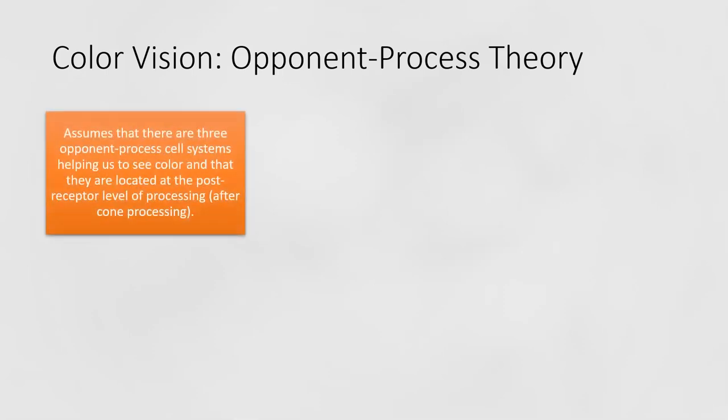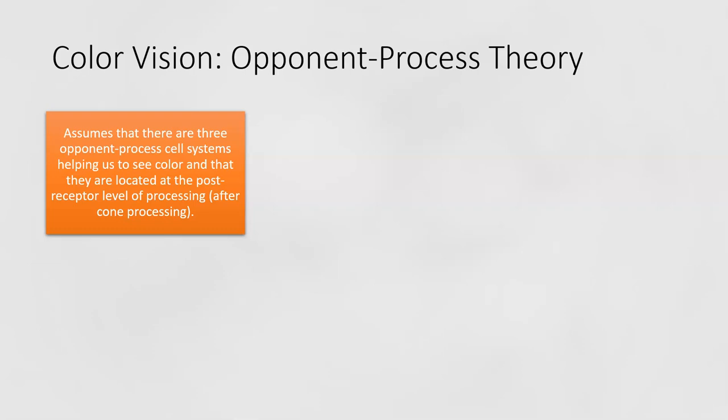A second theory about color vision is something called opponent process theory. Opponent process theory assumes that there are opponent process cell systems. So think about the words there, opponent process, meaning that they have opposite processes, or processes that are opposed to one another in an interactive way. These help us see color in that they are located at the post-receptor cell.